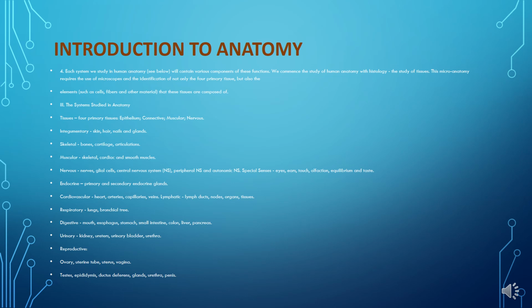Endocrine: primary and secondary endocrine glands. Cardiovascular: heart, arteries, capillaries, veins. Lymphatic: lymph ducts, nodes, organs, tissues. Respiratory: lungs, bronchial tree. Digestive: mouth, esophagus, stomach, small intestine, colon, liver, pancreas. Urinary: kidney, ureters, urinary bladder, urethra. Reproductive: ovary, uterine tube, uterus, vagina; testes, epididymis, ductus deferens, glands, urethra, penis.